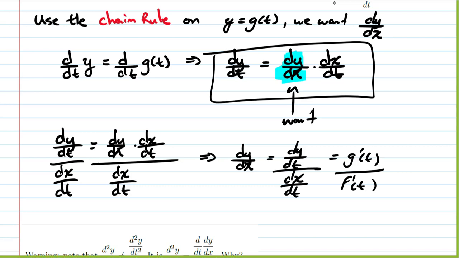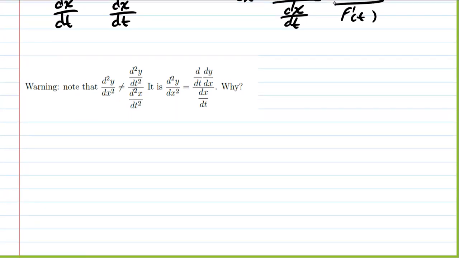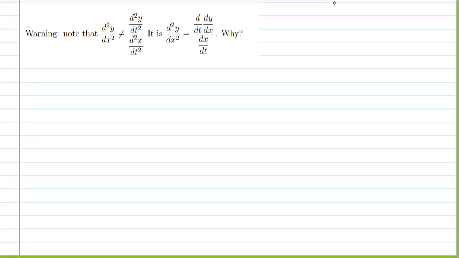So if we have dy/dx, and we want to take its derivative with respect to t, and differentiate through x, we're going to have pretty much the same thing. To simplify this, instead of writing dy/dx, I'm going to write it as y prime.